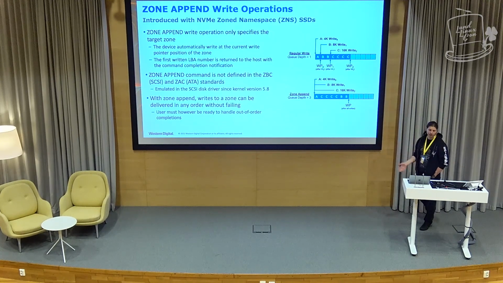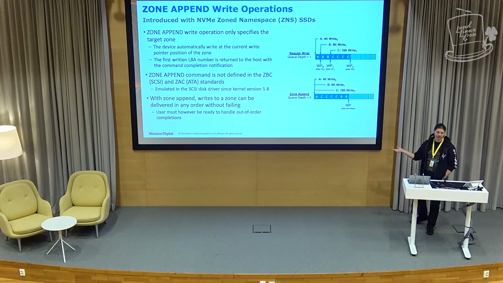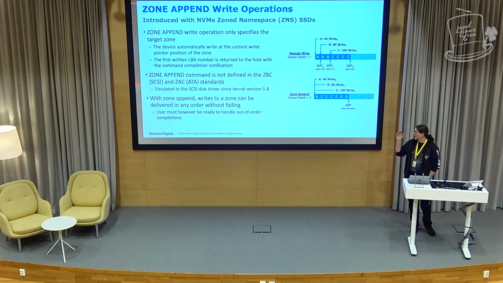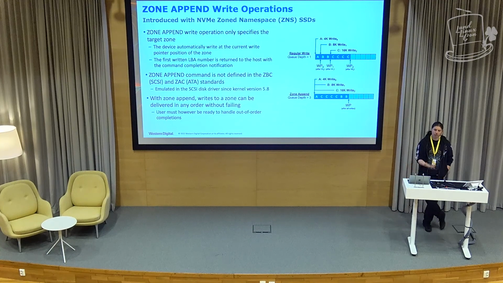For us as file system people, it's awesome because it's our extent allocator in the drive, not in the file system. So you can go really high QD, say, in this example, QD 3, well, it's not really high, but just dispatch several commands to a zone. The drive tells you where it wrote the data, and then afterwards we can build our metadata and write the metadata.